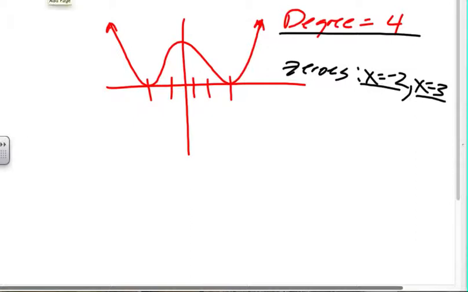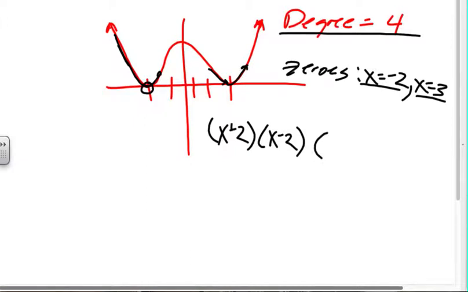But if you remember before, when you take a look at this, what's happening with this thing is it's just coming down, and it touches here, and then it bounces back up. So what that tells me is this thing is repeated twice. So I'm going to get an x plus 2 here, and another x plus 2. And then the same thing. It comes down, it touches it, and then it bounces back up. This would give me x minus 3, x minus 3.